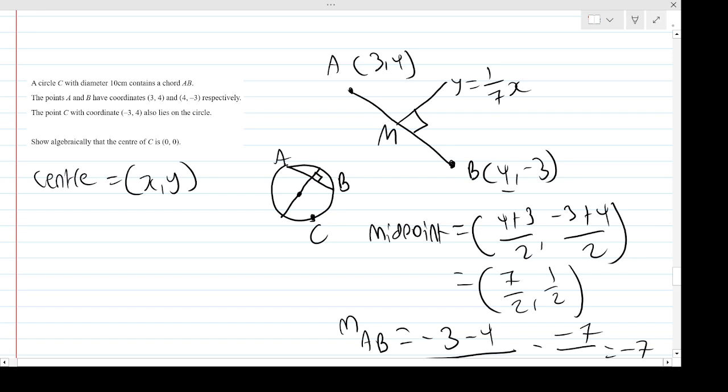What if we draw another chord between B and C? Or A and B. What if we consider another chord instead between, let's say, A and C now? So we did A and B. Now let's do A and C, because C also lies on the circle, right?